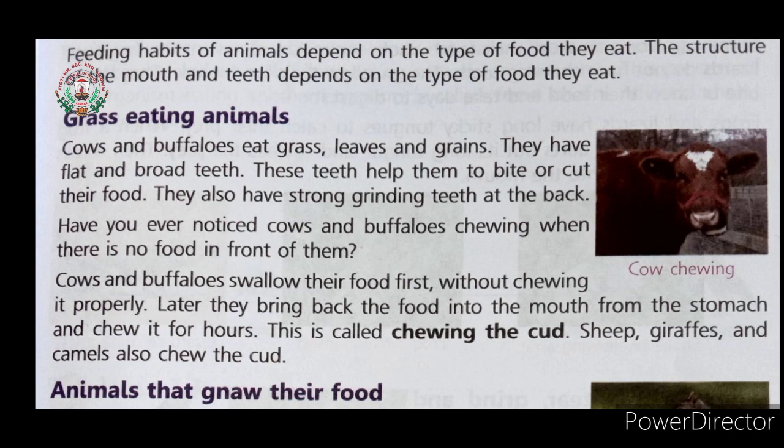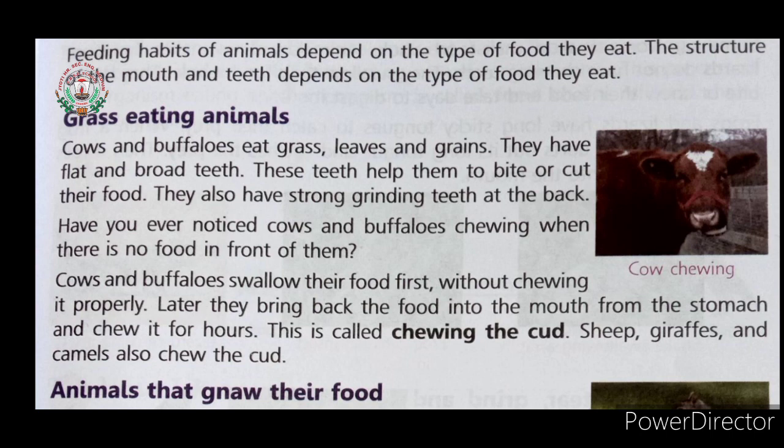They have flat and broad teeth as they are herbivorous. These teeth help them to bite or cut their food. These broad and flat teeth help these herbivorous animals to bite or cut their food easily.